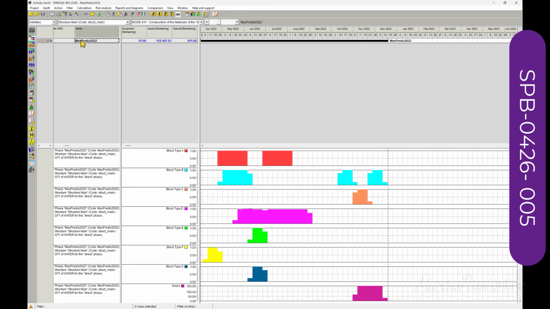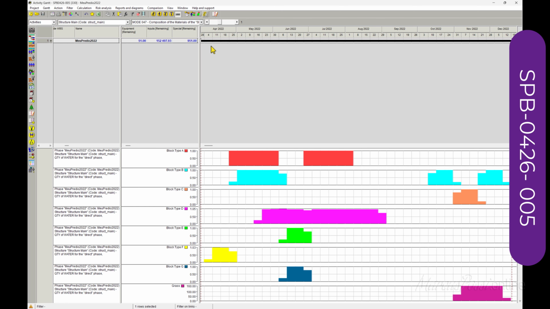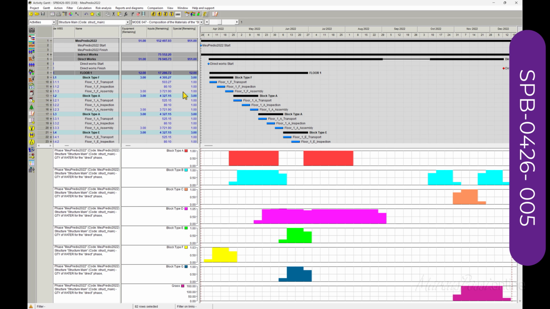There is the project, it is the project. The time, the whole time of the project, and we have here block A. When do we use block A?